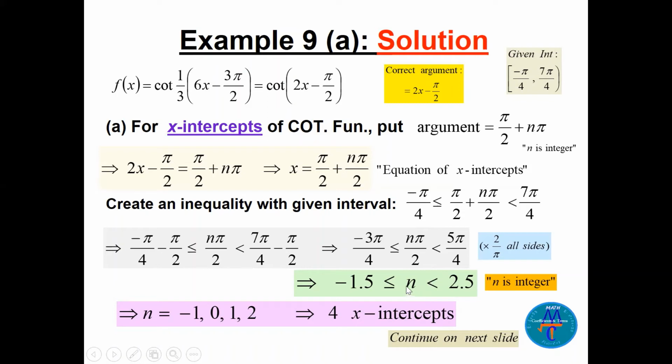We will get n between minus 1.5, closed, and 2.5. So now the n values, the integers, are minus 1, 0, 1, and 2. See, 2 is less than that. 4 x-intercepts.